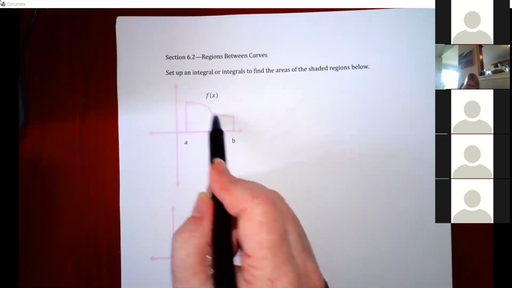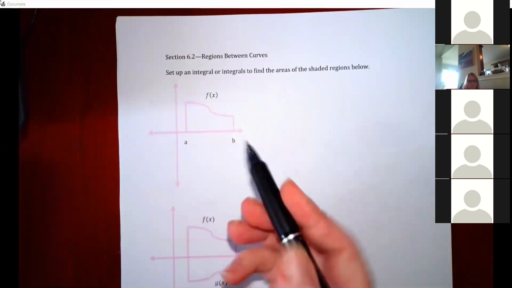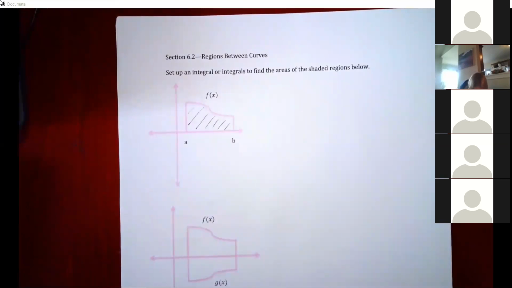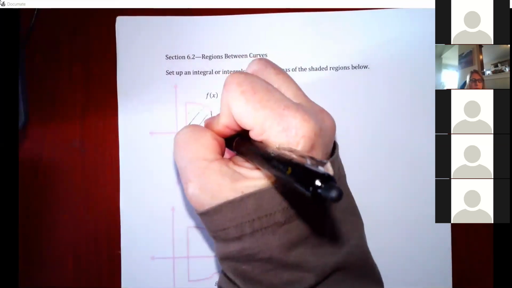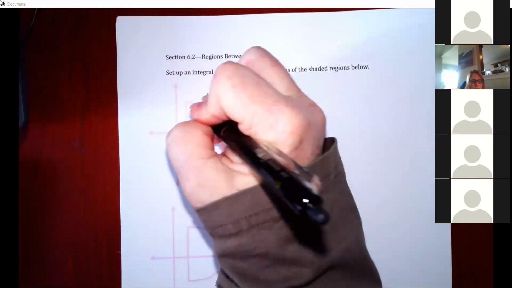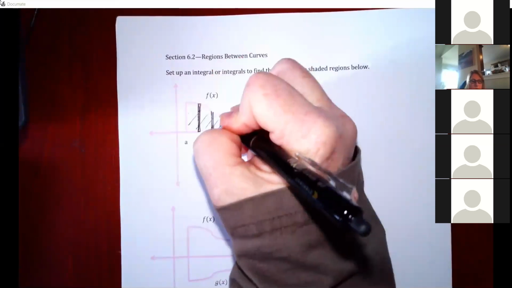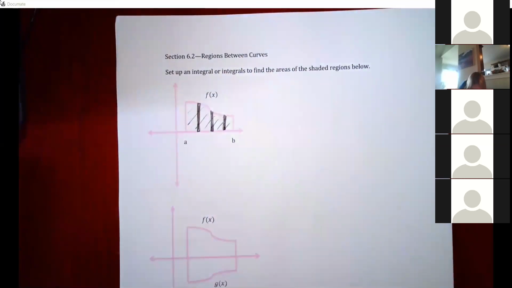Remember, if you have a function that is non-negative over the interval from a to b, and you want to find the area below that function and above the x-axis, the idea we did in Cal 1 was, on an intuitive level, we divided this up into a bunch of little rectangles and then took the limit as the number of rectangles went to infinity. And that was what we talked about with the definite integral notation.